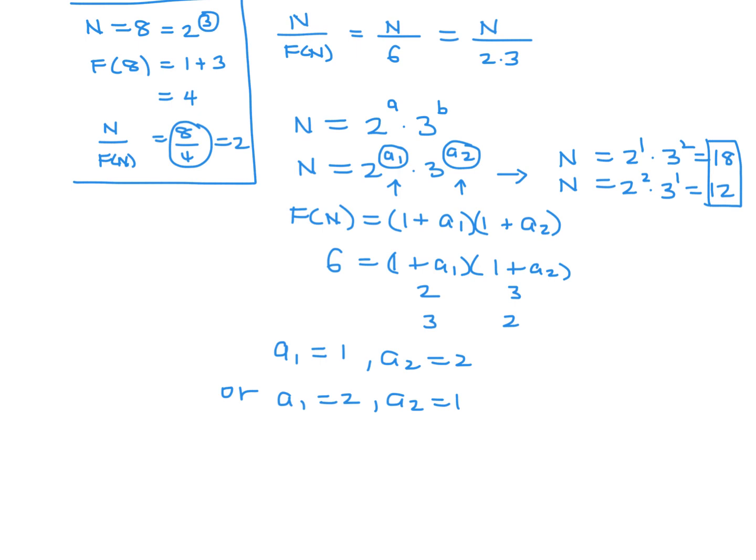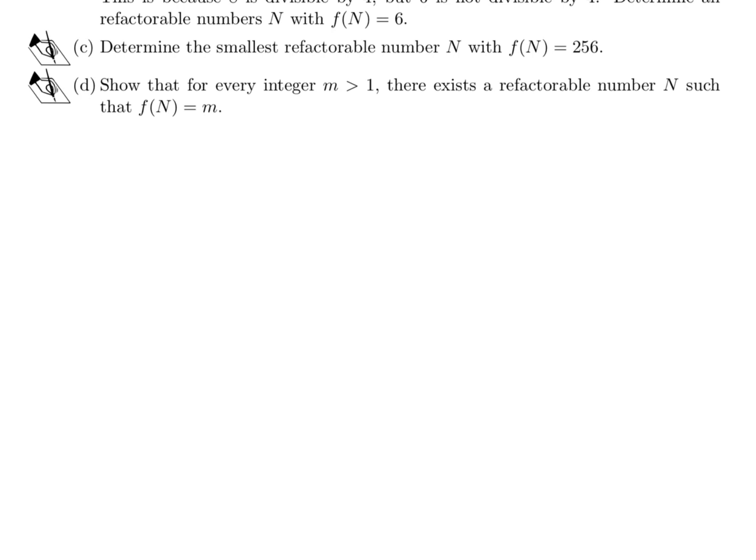Determine the smallest refactorable number n with f of n equal to 256. Okay. Again, n has to be divisible by f of n, and f of n is 256.